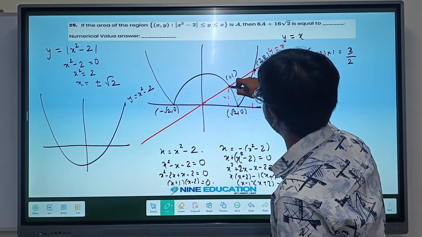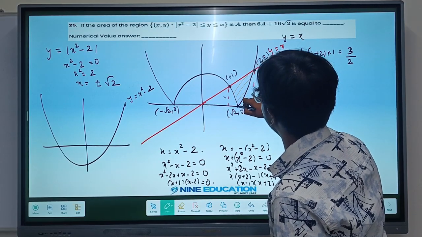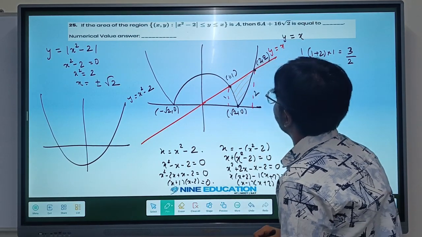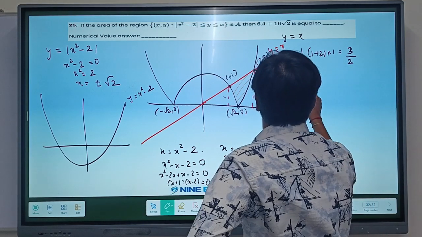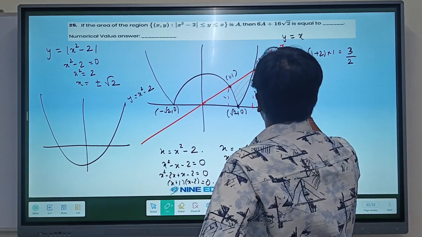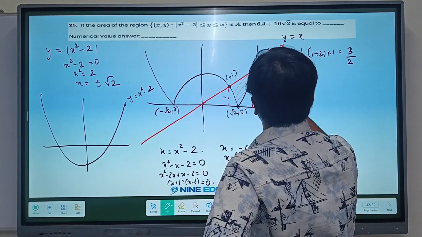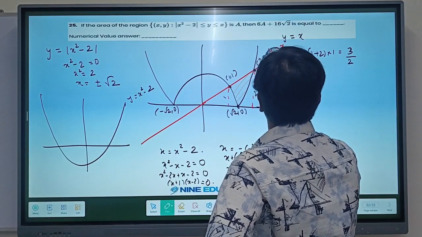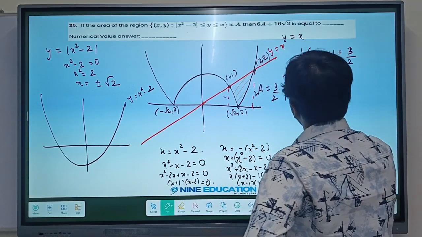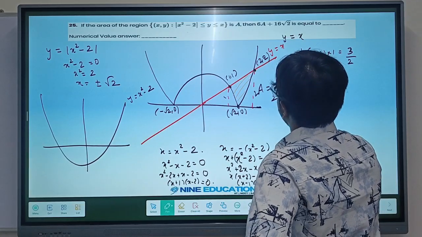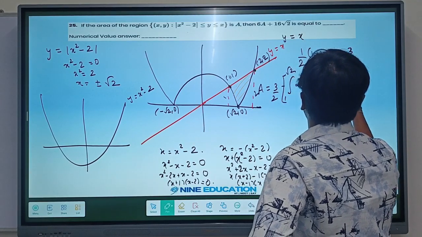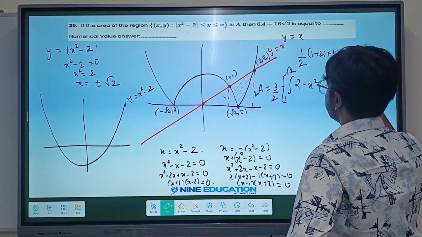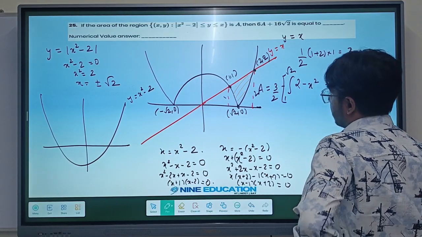This whole part, how can I get? From 1 to root 2, it is the negative of x square minus 2, and from root 2 to 2 it is positive. So from 1 to root 2, area would be trapezium 3 by 2 minus the integral from 1 to root 2 of the negative part, which is 2 minus x square, plus root 2 to 2, the positive part.